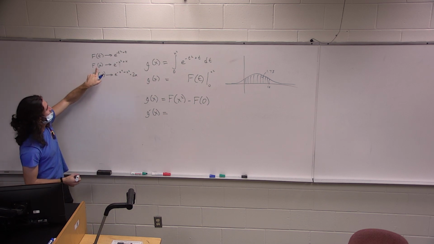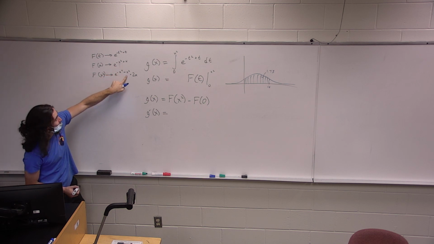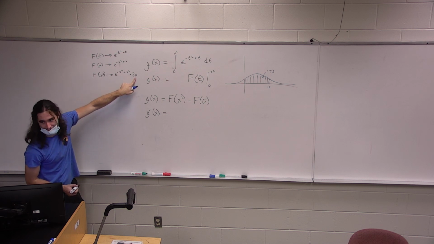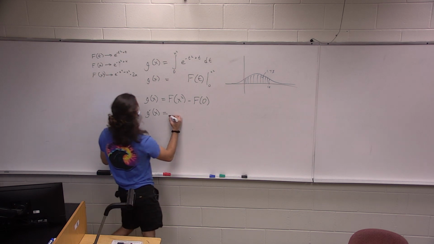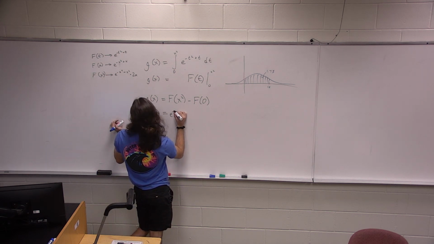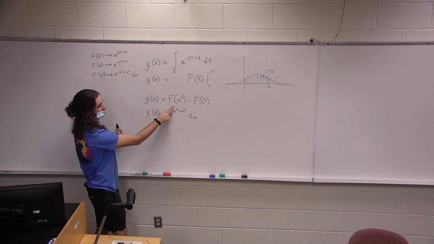If the derivative of this is this, then the derivative of this with a thing plugged in is going to be that with a thing plugged in times the derivative of that thing that you plugged in. So this is e to the negative x to the 4 plus x squared times 2x. This is the derivative of that.